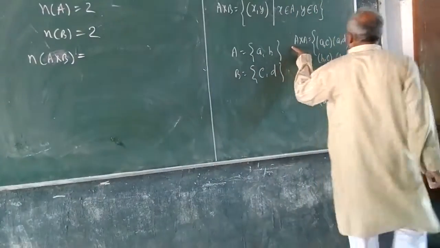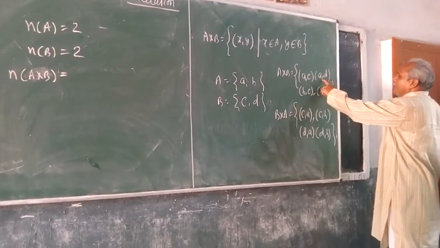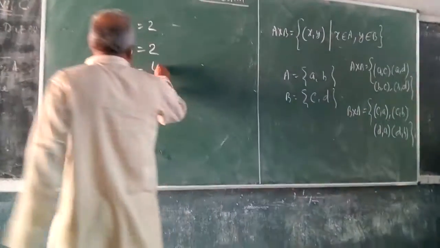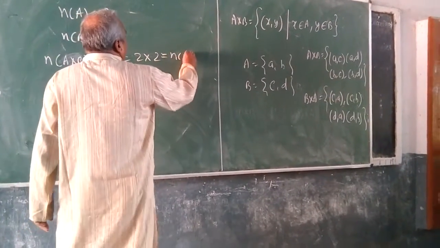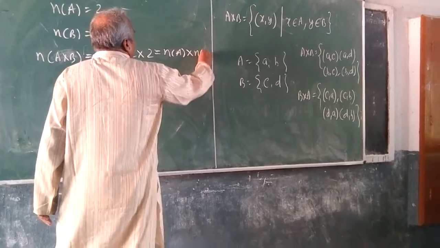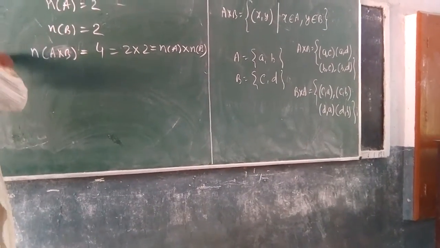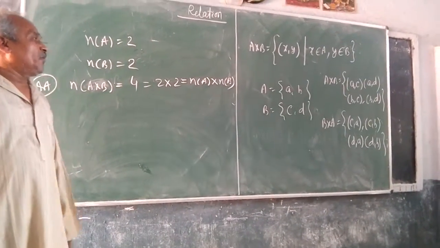A cross B has how many elements? One ordered pair, second, third, fourth: 1, 2, 3, 4. That means the number of elements of A cross B is 4, and this 4 can be written as 2 into 2, meaning number of A times number of B. So n(A cross B) equals n(A) times n(B).